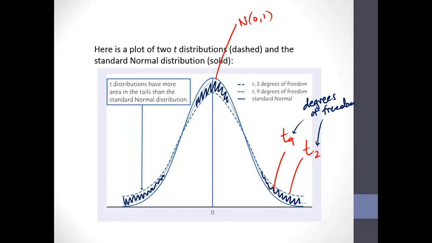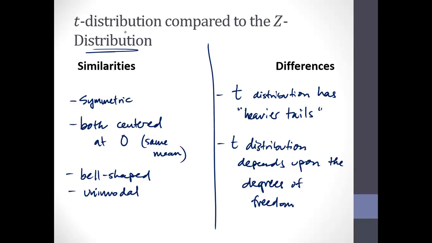Yes, they will both still have area 1 underneath them, because they're both a distribution. The total possible area under a density curve is always going to be 1, regardless of what distribution it is. So yes, they both have area 1 under the curve.